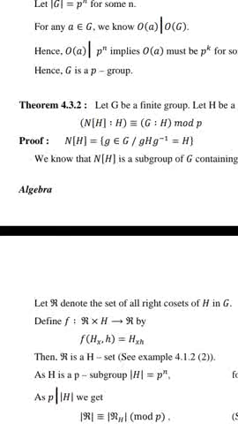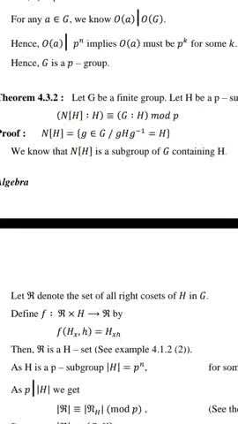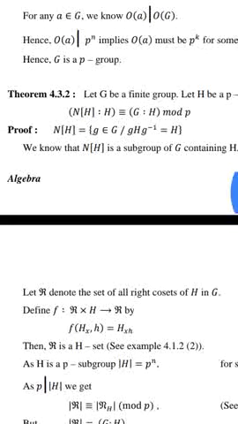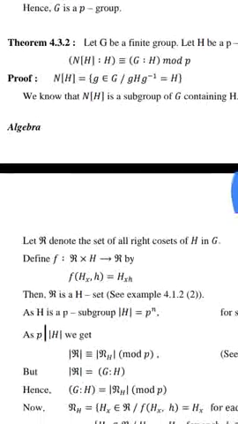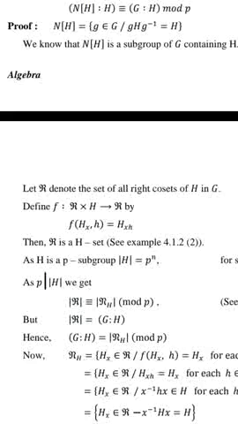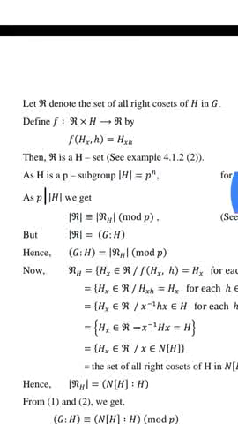For the proof, we know that N(H) is equal to the set of g belonging to G such that g inverse H g is equal to H. That is, N(H) is a subgroup of G containing H. Let R denote the set of all right cosets of H in G. Define f from R cross H to R by f of (Hx, h) equal to Hxh.